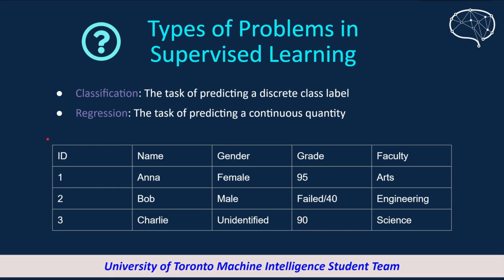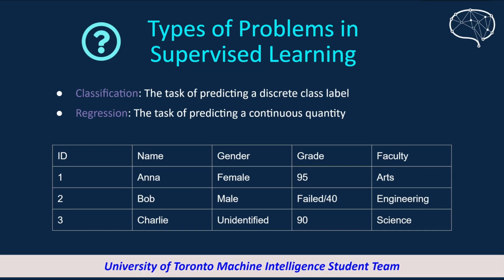And in this table we've seen before, it's very easy to tell that this gender feature can be a class. The gender is a discrete class label because there are only a limited number of choices here, like female, male, identified, or something else. It's discrete.